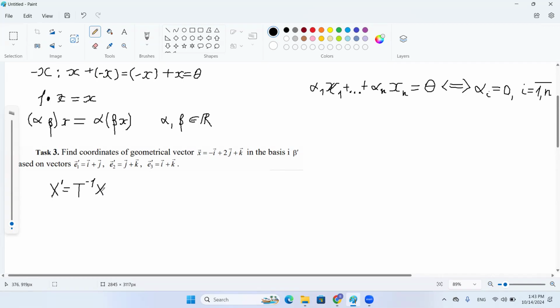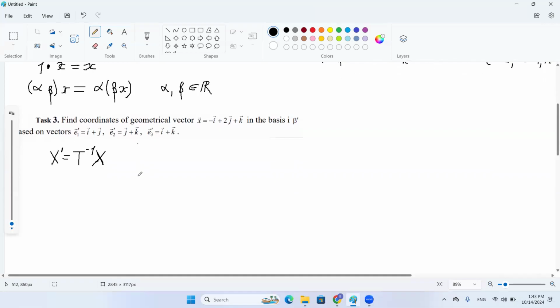Okay, so here is the formula which we will use to find coordinates in other bases. So matrix T is the transition matrix. To find coordinates of the vector in other bases, we need to find first the transition matrix, inverse it and then multiply it by x.